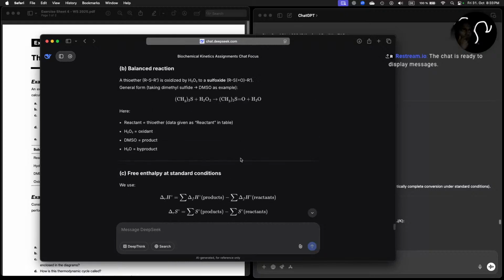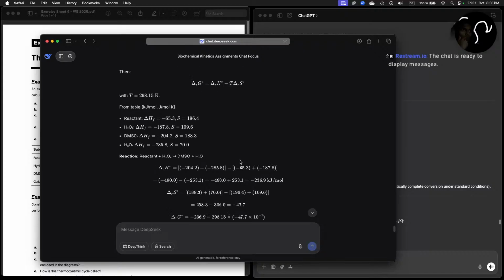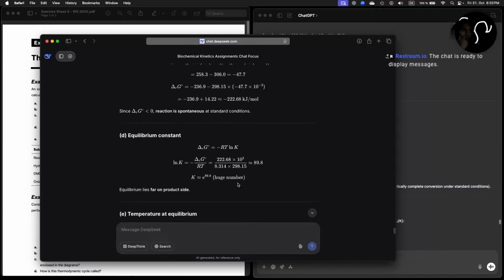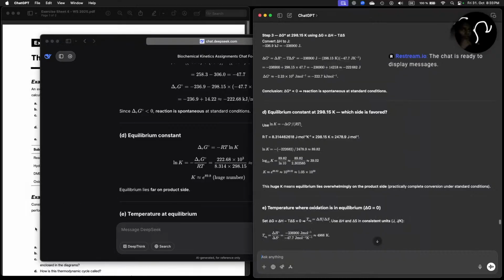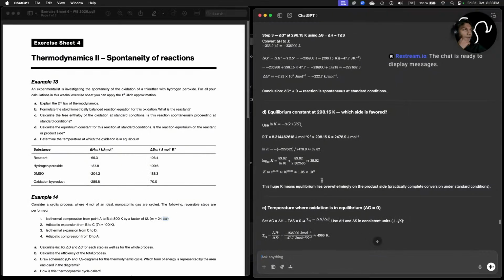You did not name the equation. I told you to name me the equation. It used the Boltzmann constant.